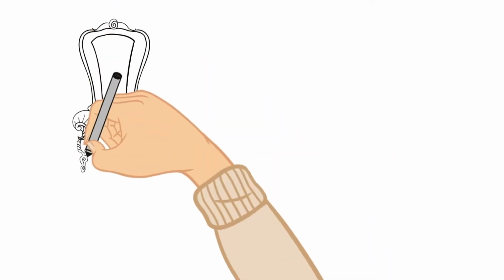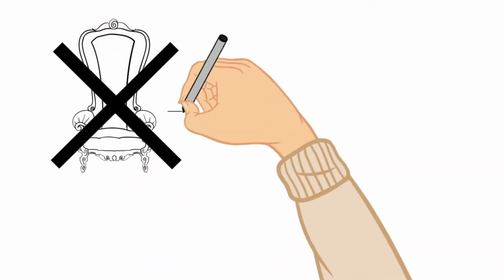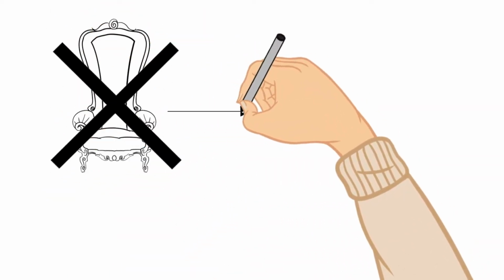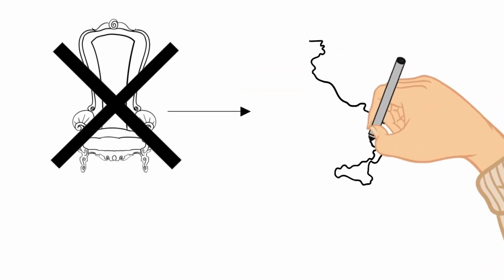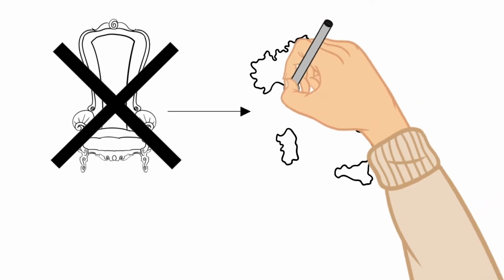When this happened, Napoleon was forced to abdicate the throne, which, remember, means to step down from the throne. He was then exiled to an island off the coast of Italy called Elba.